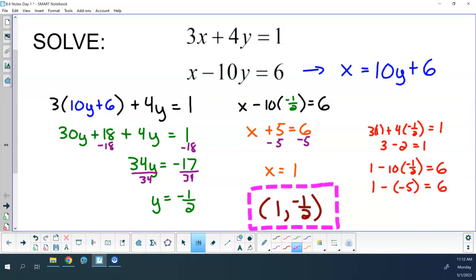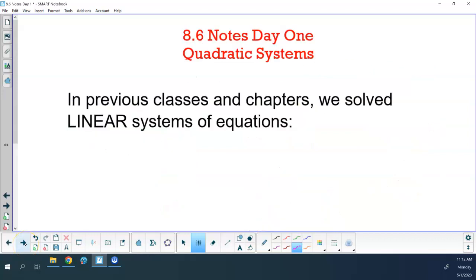Good stuff. So that is a linear system of equations, because those were two lines that intersected. And we said that they could either intersect in no points, 1 point, or infinite points.